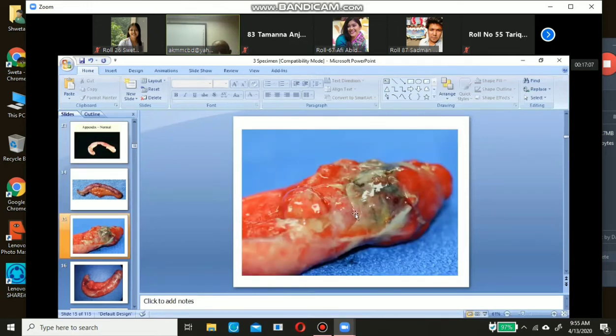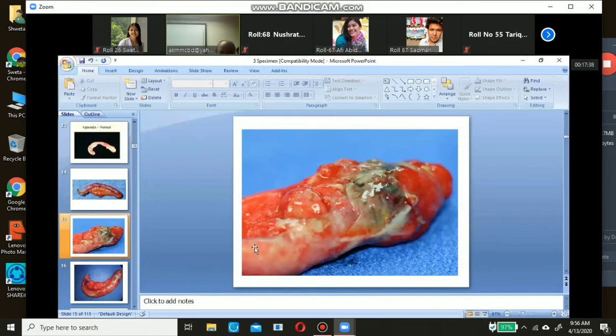In this appendix here, there is obvious pus formation, gangrenous, but the base looks more or less normal compared to the tip. You look at the tip, it is very red, fiery, and then there is pus. And you look at the base of the appendix, it is more or less normal.